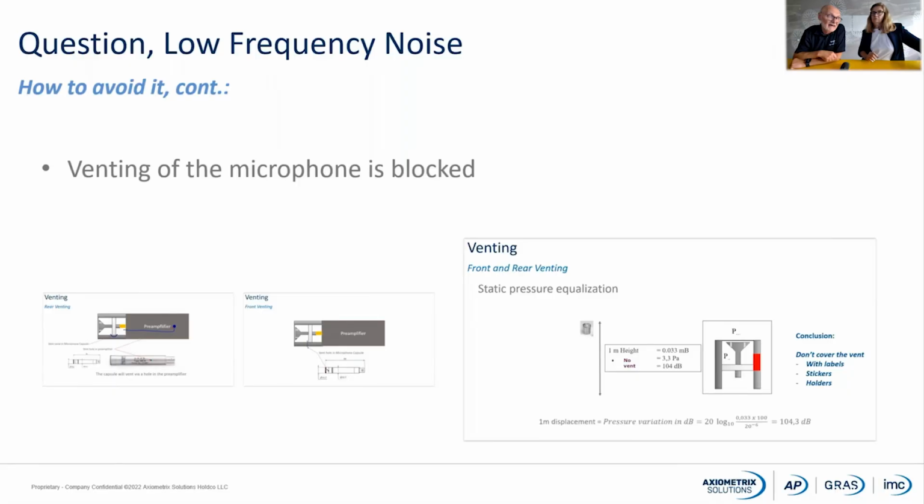If we calculate that into Pascal, then it's equal to 3.3 Pascal. And if we calculate that into a dB level, then it's equal to 104 dB. So if I plug the venting and I move my microphone up and down 1 meter, I have created a sound pressure level of 104 dB.